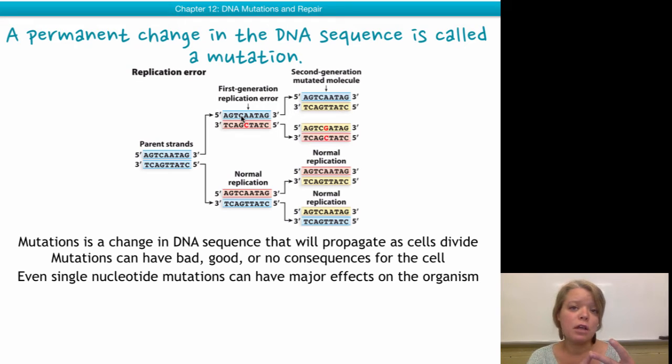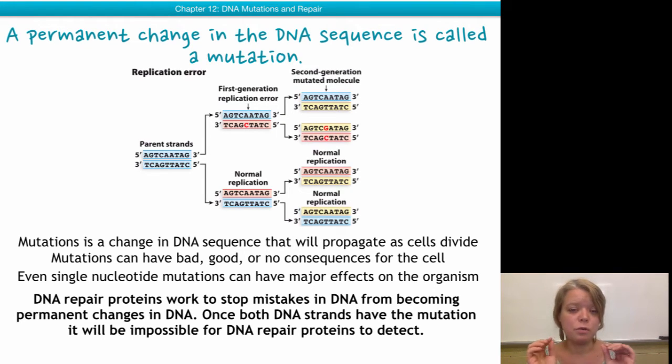So if a mutation happened in that particular location, such as in an intron, it might not affect how a protein is made. However, even certain single nucleotide mutations in a particular coding region of the protein that, for example, cause an amino acid to be then read as a stop, can have major effects on an organism, because now the protein that was produced earlier is basically knocked out and is no longer produced.